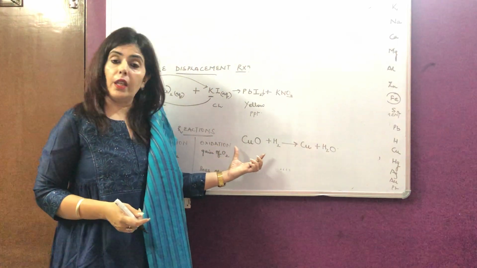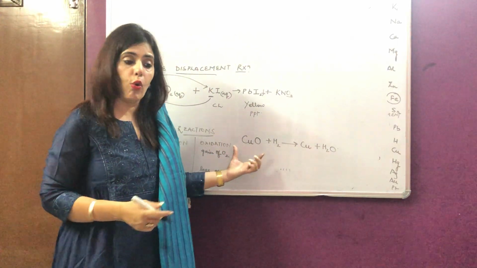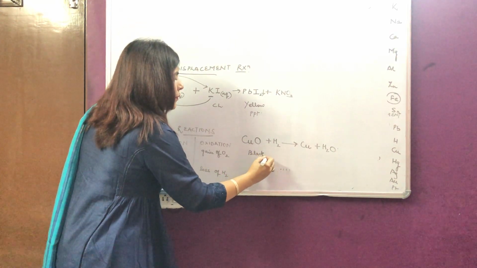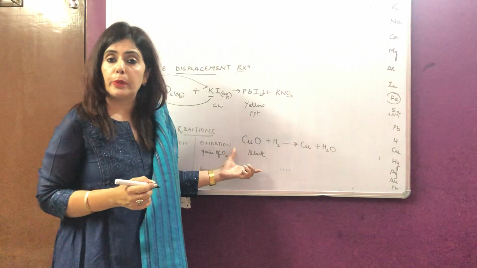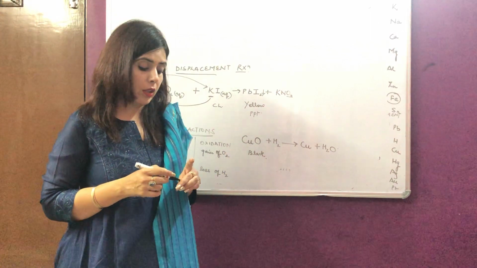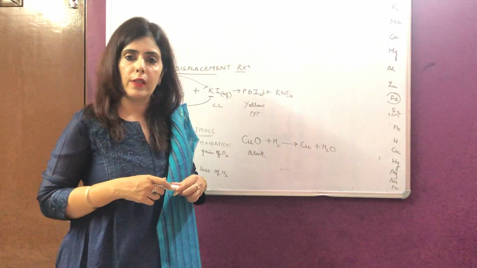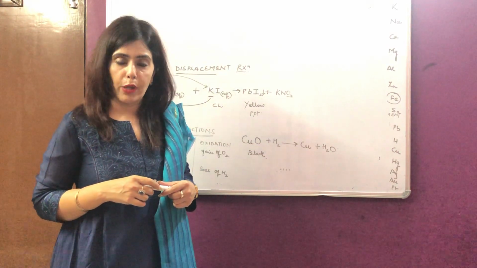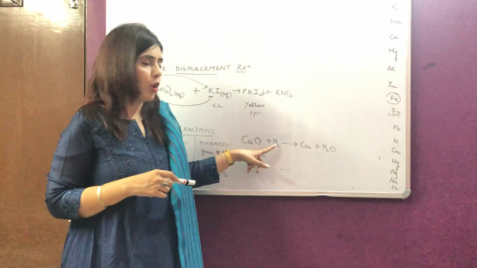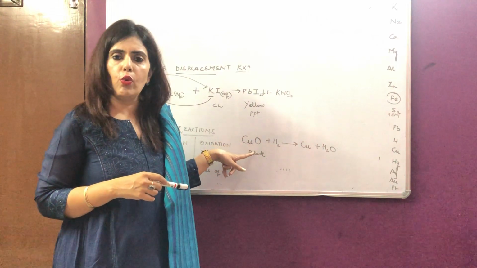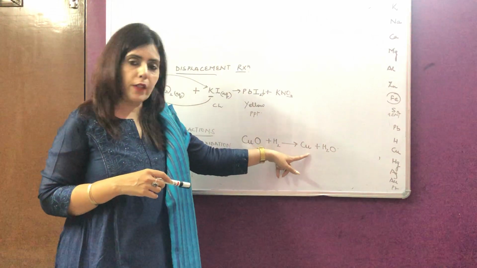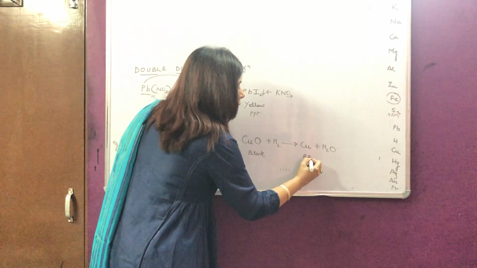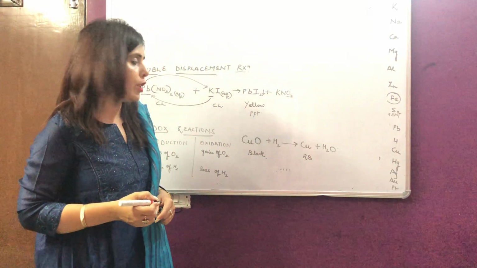In day 1, I told you that CuO is black in color. Whenever you heat copper in the presence of oxygen, it turns into a black compound called CuO. And Cu is shiny reddish brown in color. So that means when you are passing hydrogen over CuO, it gives Cu, that is shiny reddish brown colored element, and H2O is produced.